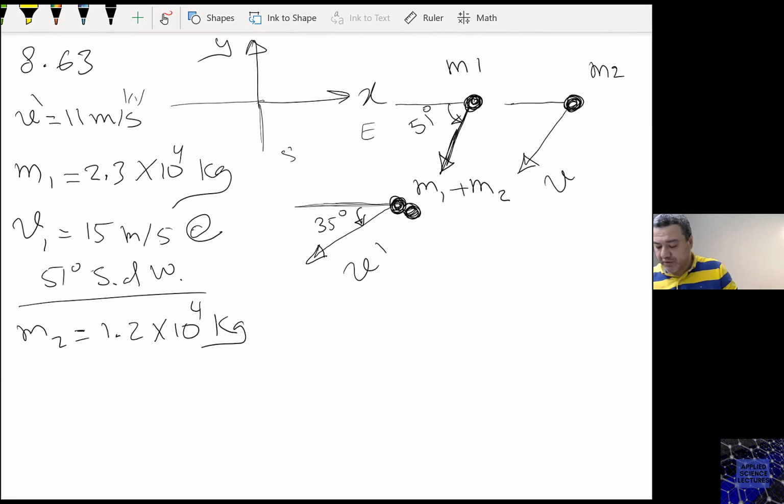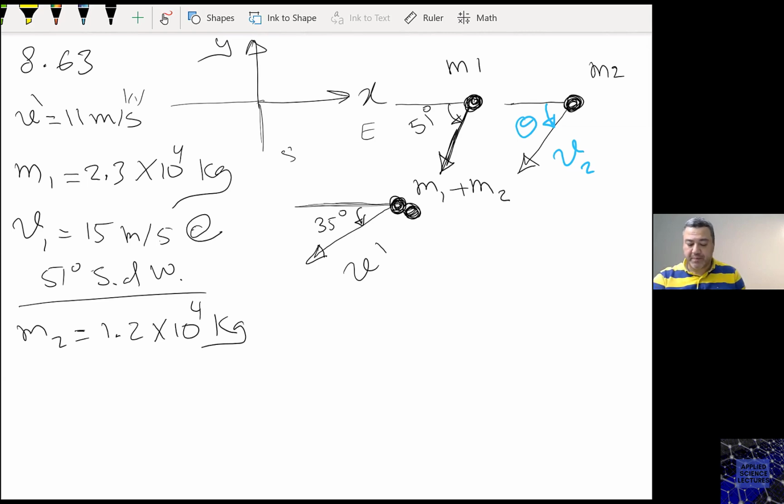This one is going to be V2. I need to determine the initial velocity, magnitude, and direction of the other truck, M2, that has a mass of 1.2 × 10^4 kilograms.